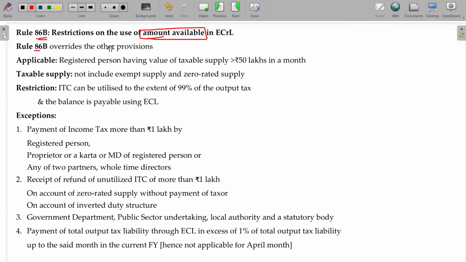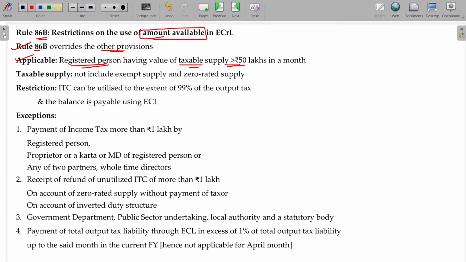Section 86B overrides the other provisions. Overrides means all the other provisions state that you can use the electronic credit ledger to pay the output tax, still, if 86B is there, this is the predominant section. You have to follow this one first before applying the other applicable sections. It applies to a registered person having a value of taxable supply of more than 50 lakhs in a month.